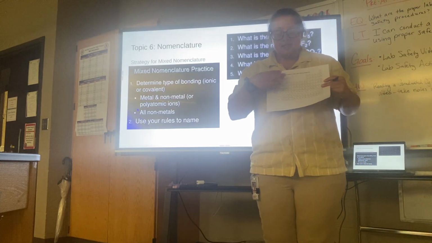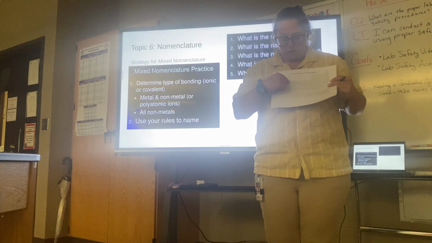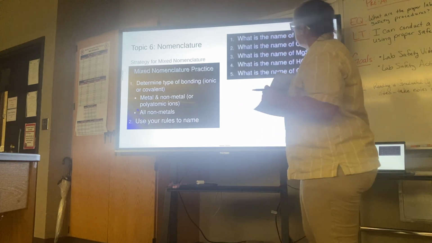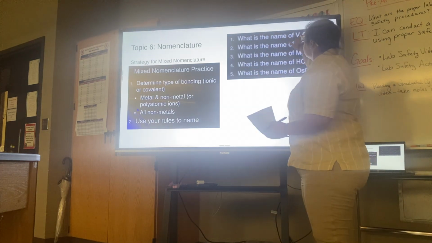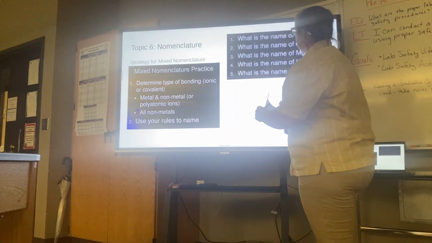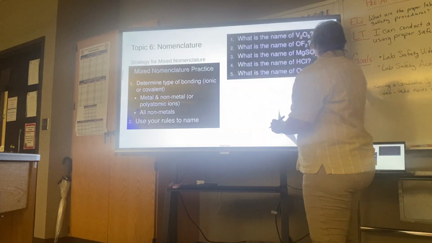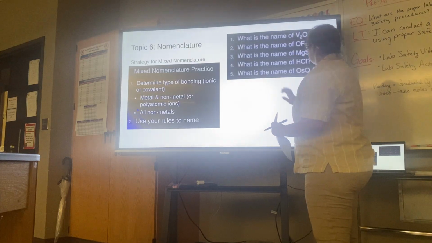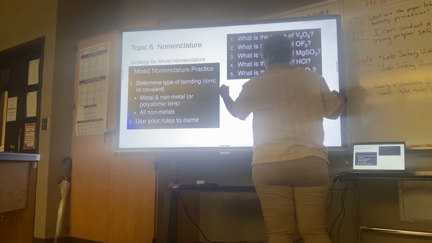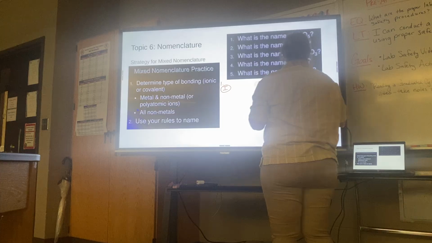That V is a metal, and more importantly, it is a transition metal. Since this first thing listed is a metal, that means that this is going to be an ionic compound. So let's first identify that. Step one. Number one, we have an ionic compound.